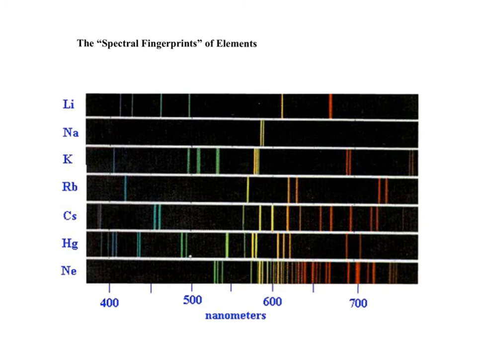And as you will see a little later on in this video, this opens up the universe to us so that we can and have been able to learn so much about the universe that we would never have been able to know about and to discover if it wasn't for the use of atomic spectra and molecular spectra in astronomy.